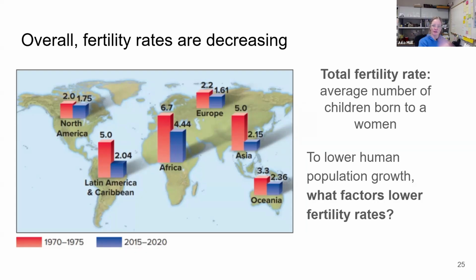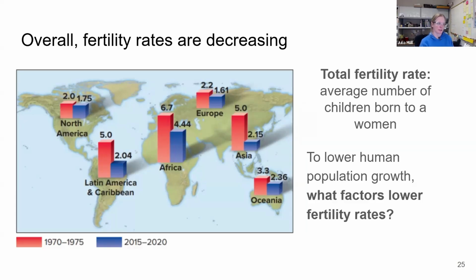So let's look at these total fertility rates globally. And what we tend to see is that overall, the total fertility rate across the globe is dropping. The red bars are showing fertility rates from 1970 to 1975, and the blue bars are from 2015 to 2020.